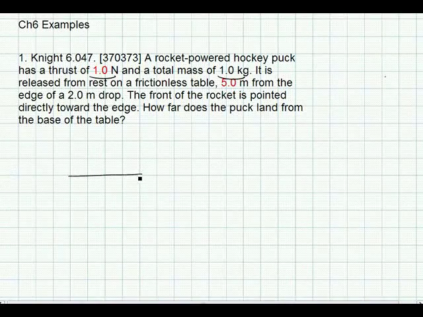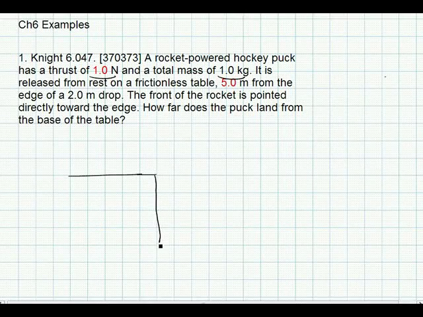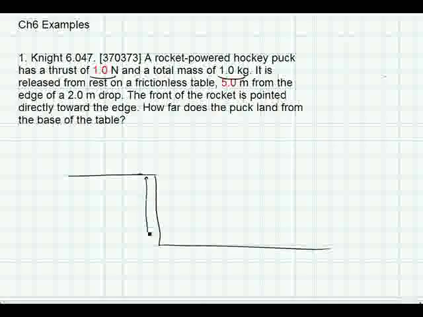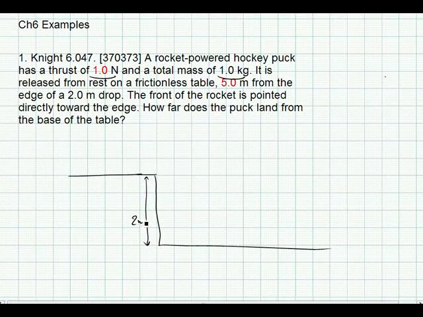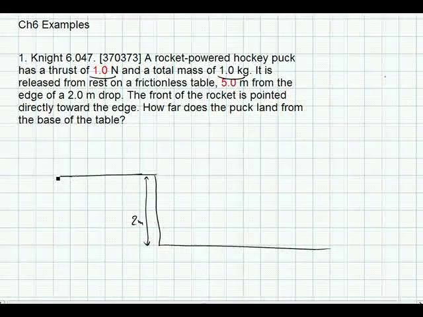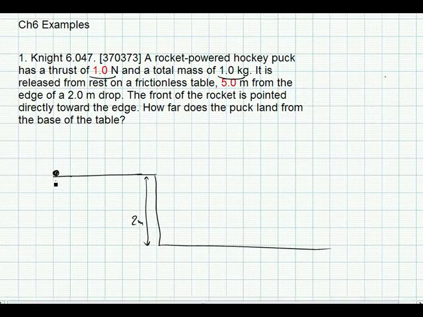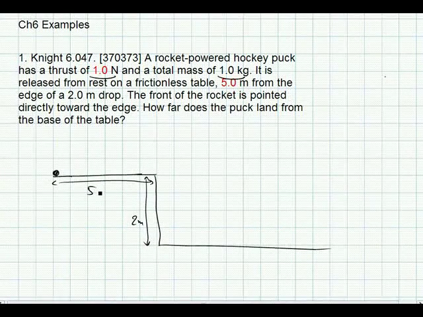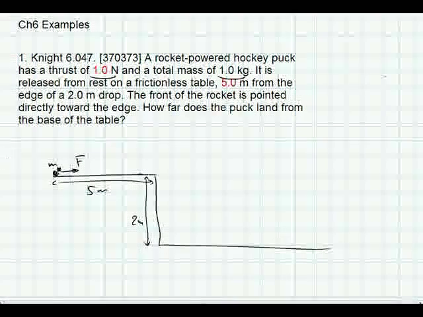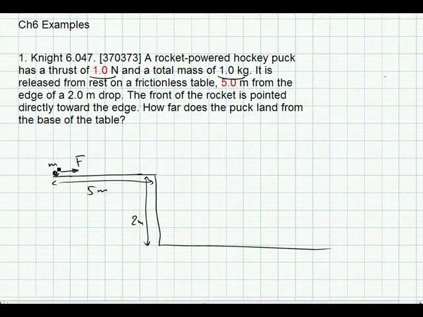So here's our table, right? This is a 2-meter drop, and the hockey puck is released from this position, which is 5 meters from the edge, and there is a thrust force acting on the hockey puck which has a mass of 1 kilogram.